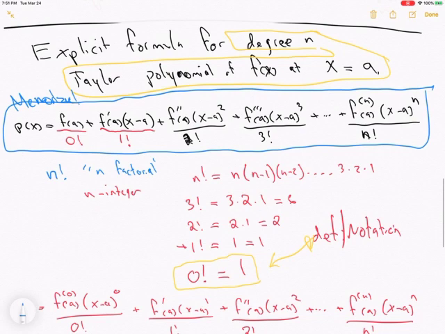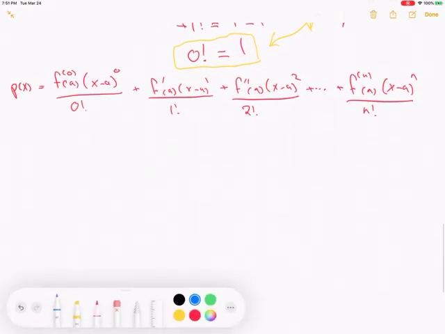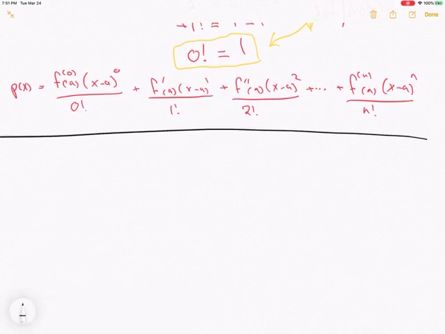So let's do some examples. Let's say f of x is, say, e to the x.